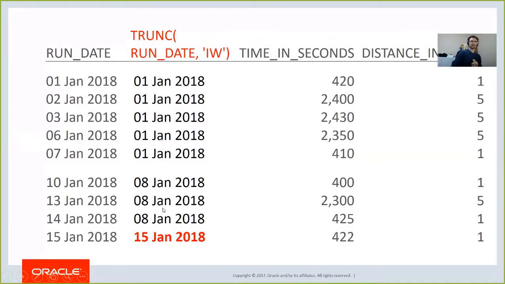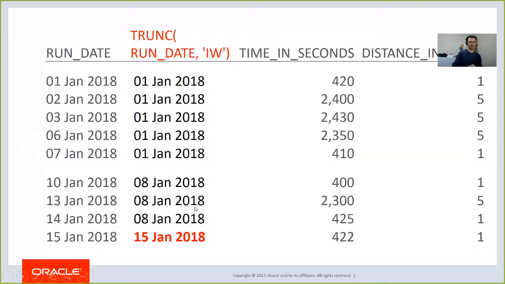Now, one of the things people might be tempted to do is something like this. You can truncate. IW returns the start of the ISO week, which is always a Monday. So it finds the Monday before the current date, or Monday if it is a Monday. And we can see that doesn't work because we ended up with the 15th of January down at the bottom here. I don't want that.